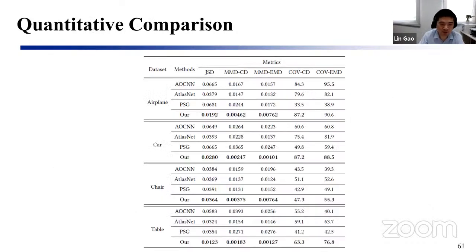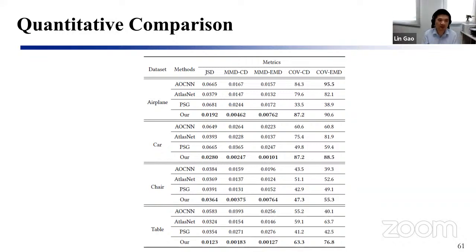And here are some numerical metrics. We can find that with this method, the travel distance loss and also the EMD distance is much smaller than other methods.